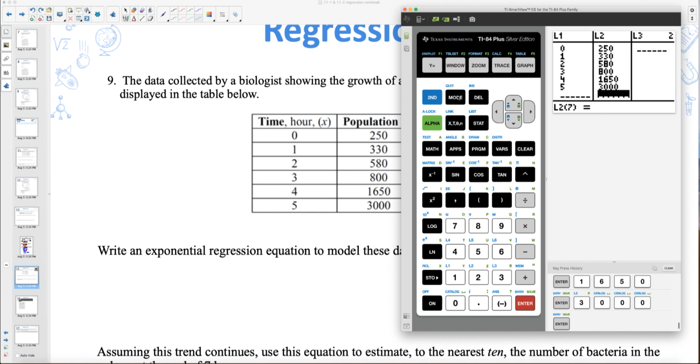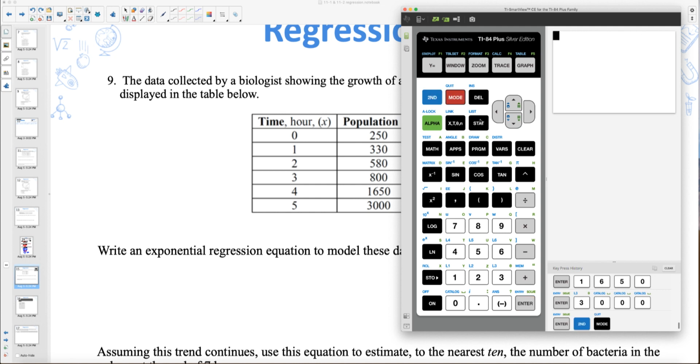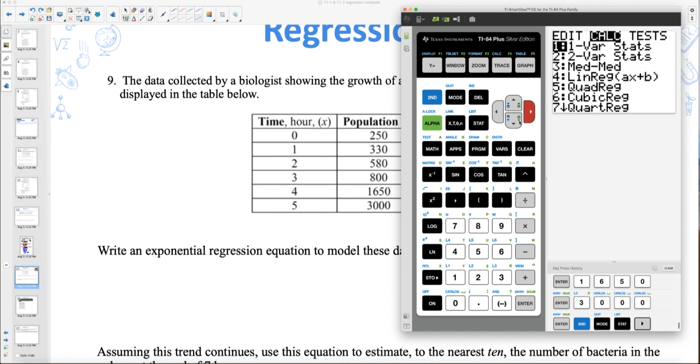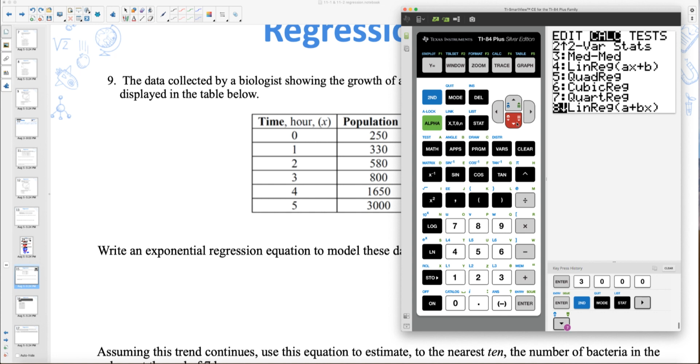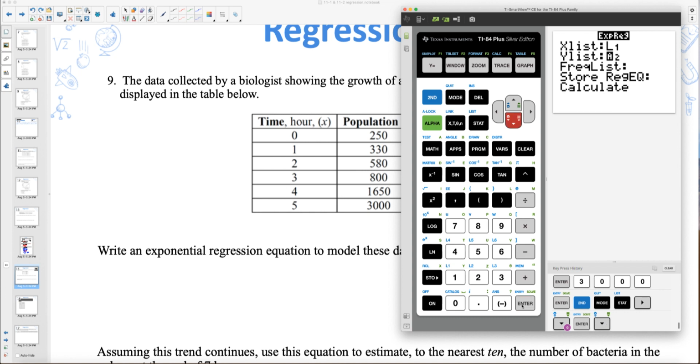So we have our data in. We want to write a regression, exponential regression. So stat, calculate, we'll go down to exponential regression. So that's 0. Hit enter. All looks good. Let's hit calculate. Okay.